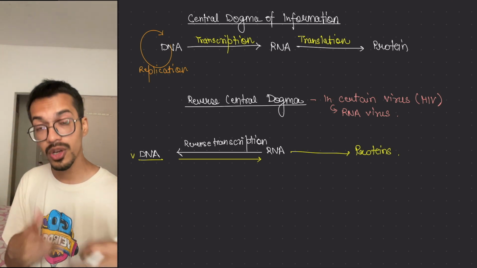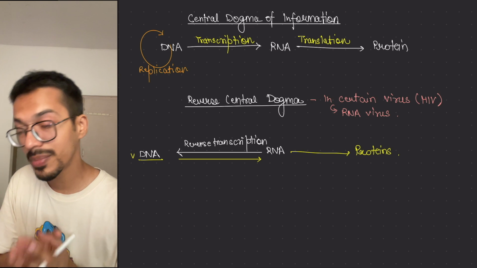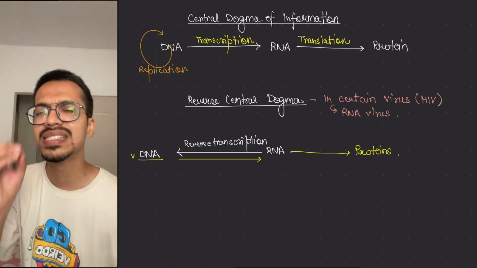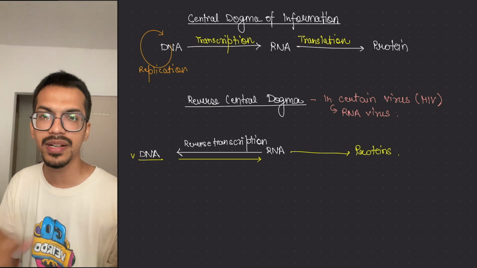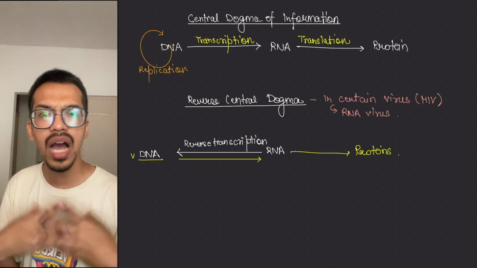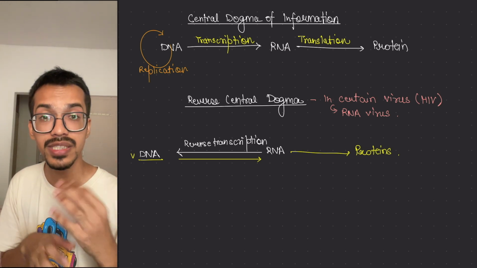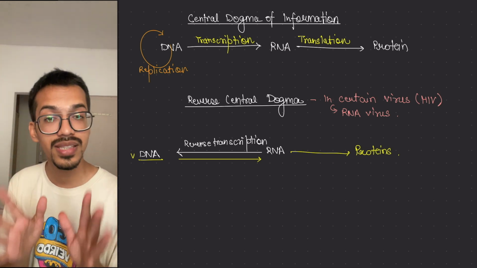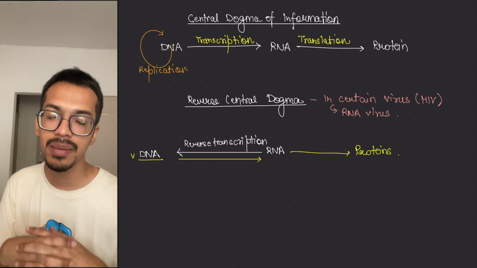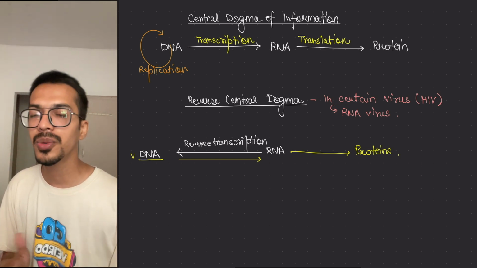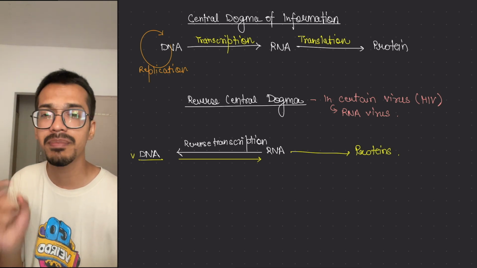This is the information flow. The next topic that we're going to be completing here is the search for the genetic material. We said that there are two types of genetic material, RNA and DNA, right? How did we know that DNA will play the role of genetic material? Why not carbohydrates? Why not proteins? This has always been a question of great curiosity amongst scientists, who worked continuously to find out the possible genetic material.